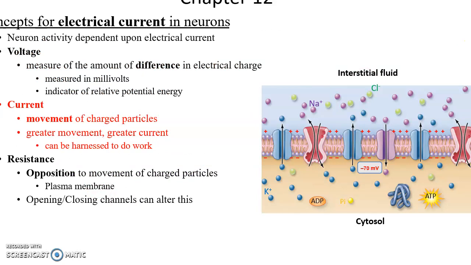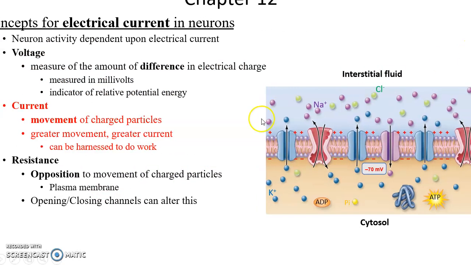So in terms of electrical currents, here are some concepts that are important. Voltage is the amount of difference in electric charge. So the resting membrane potential, -70 millivolts, is the voltage of the neurons at rest. Current is the movement of charged particles, in this case ions.